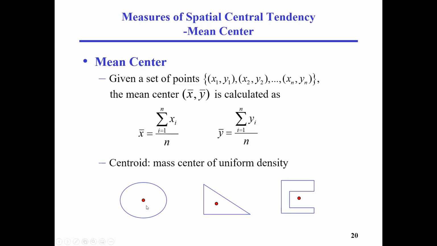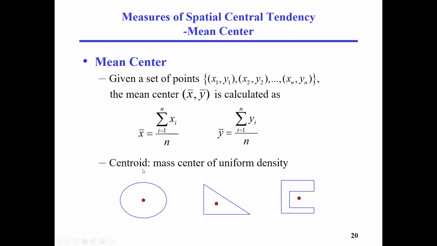So the mean center could be inside the polygon you are trying to address, like this circle or ellipse, or this triangle, or could be outside of your polygon. Okay. Actually, this mean center has another name, is called centroid.